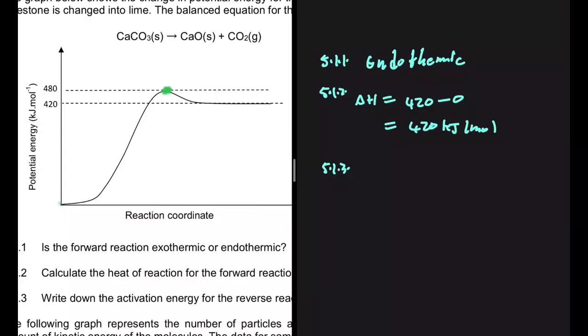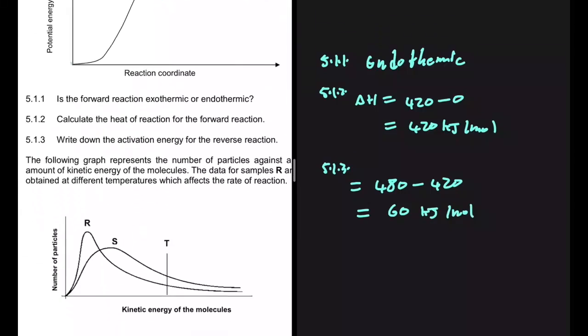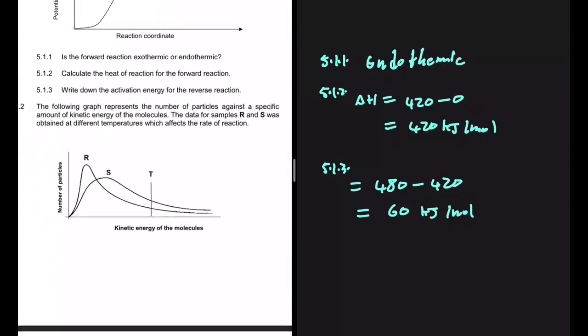For the reverse reaction, that will be 420 kilojoules per mole. So we have the activation energy being equals to 480 minus 420, which is equals to 60 kilojoules per mole. Right, that is the answer to 5.1.3.